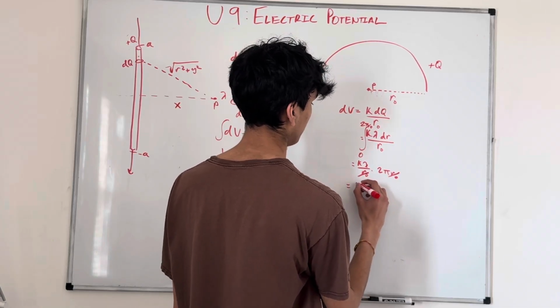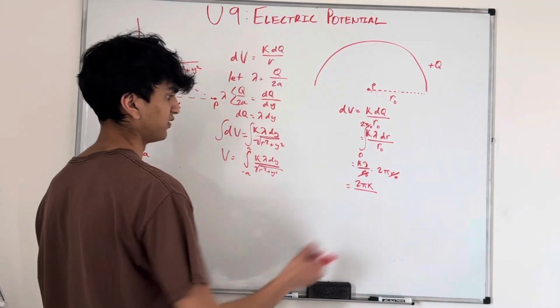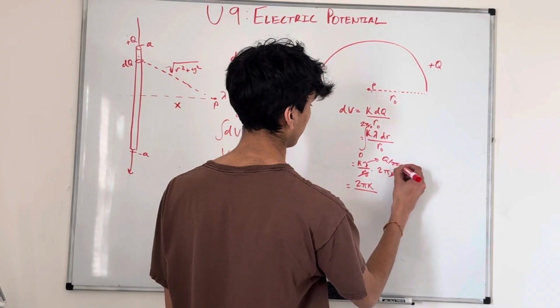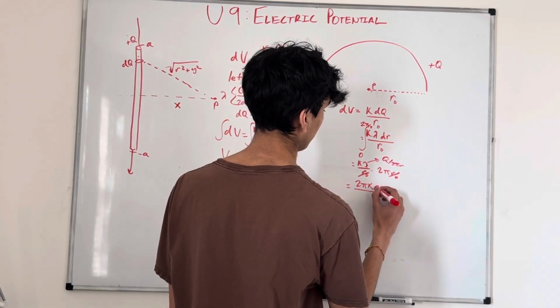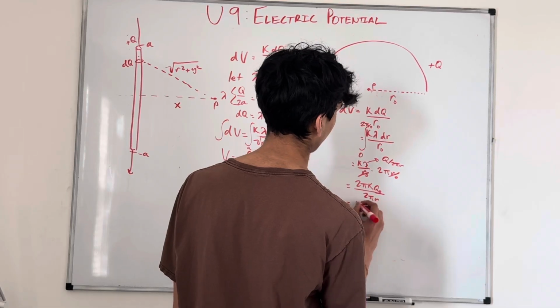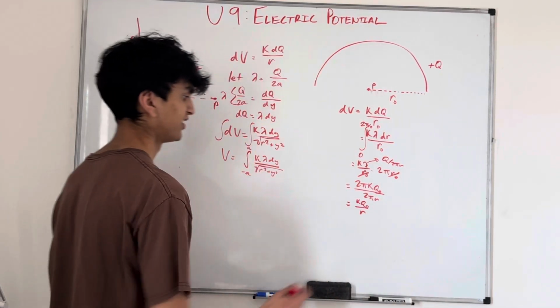I get 2 pi k over, because lambda is just q over 2 pi r. So I get kq initial over 2 pi r. I just get kq initial over r initial.